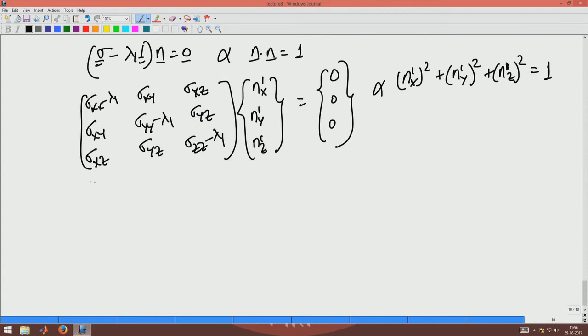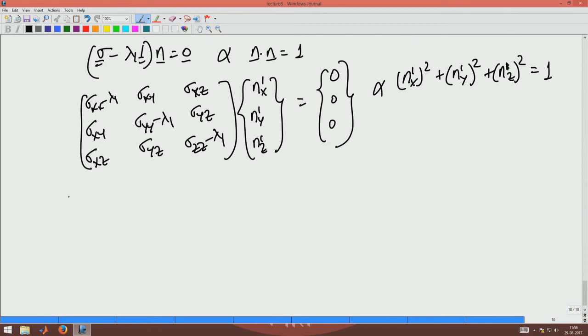Since this determinant was 0, I can't invert this matrix to find that nx1, ny1, nz1 is 0. There will be only 2 equations which are independent. The third equation can be derived from the other 2 equations.